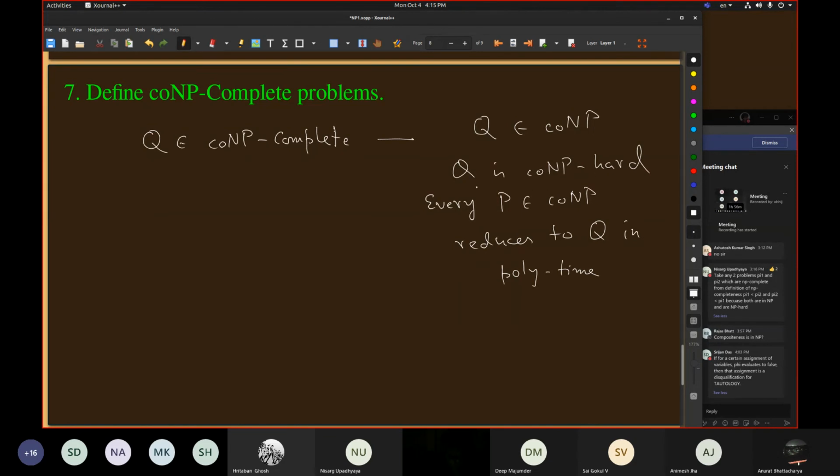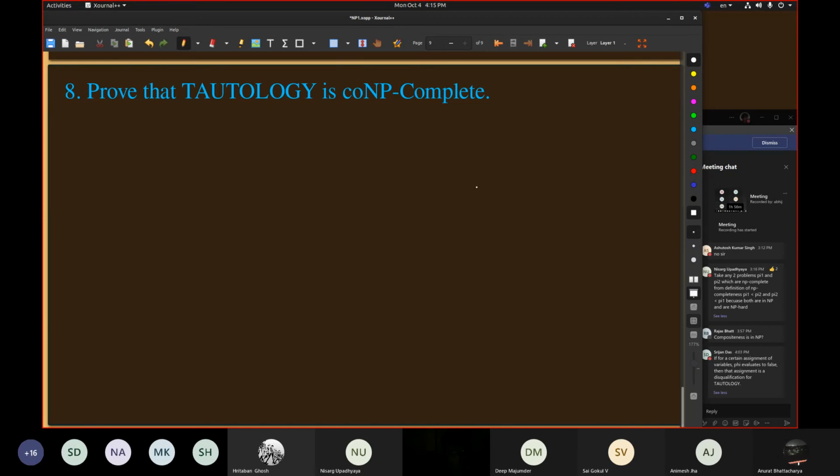So in order to prove that something is co-NP complete, you may have to make a reduction from the complement of an NP complete problem.